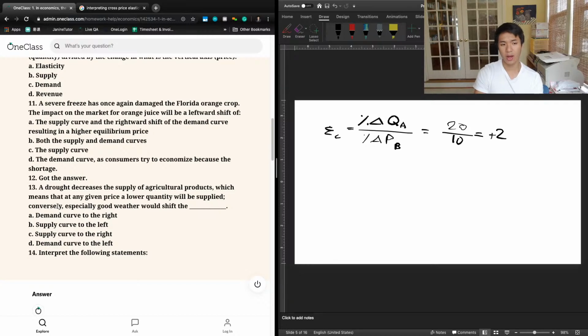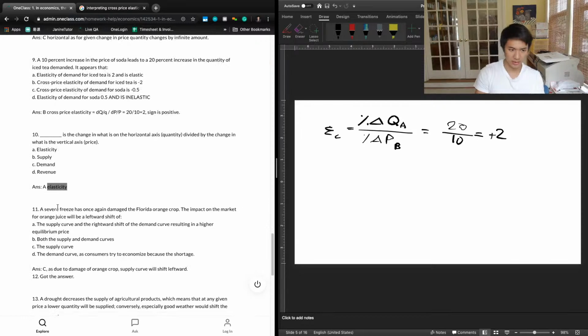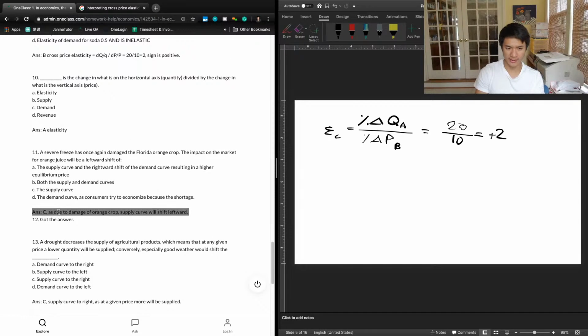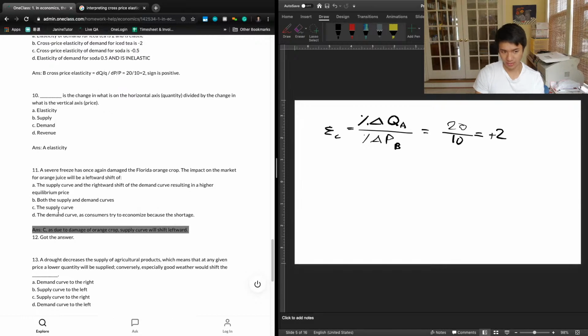The leftward shift is going to be seen on the supply curve, and that's given by answer choice C. We can take a look at the previous year's answers to make sure we're on the same page here. The previous year also says C, as due to the damage of the orange crop, the supply curve will shift leftward.